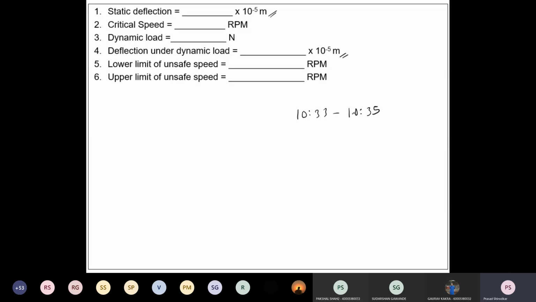Those who are absent, you can just check. And check for this month of September.